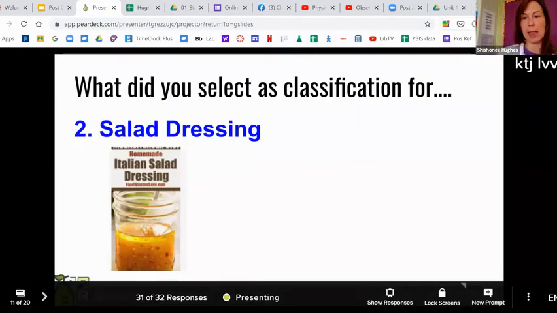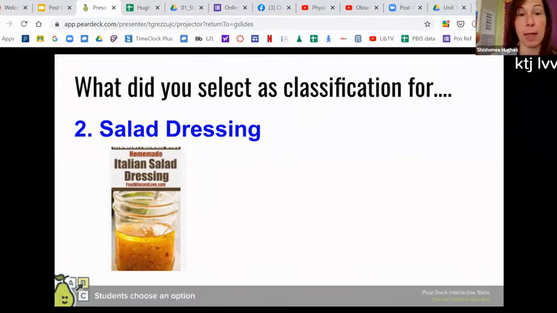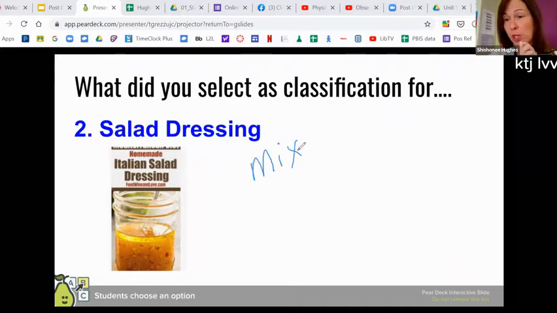Number 2, salad dressing. I know right away that salad dressing is not an element because it has 2 words. Elements never have 2 words. And if you're talking about pretty much any food, almost all food, you guys, are mixtures. Very, very little food are pure substances. Now, the question is, is this heterogeneous or homogeneous?